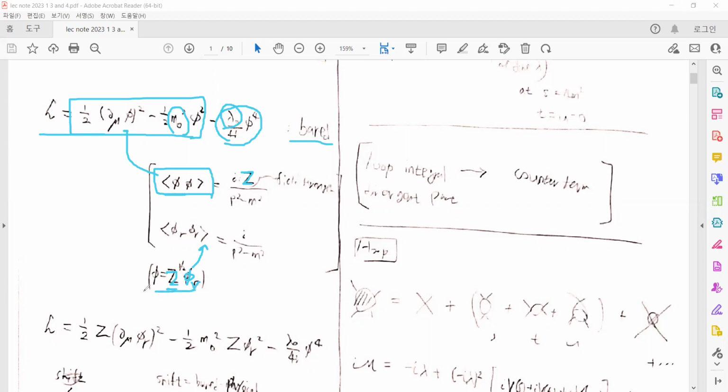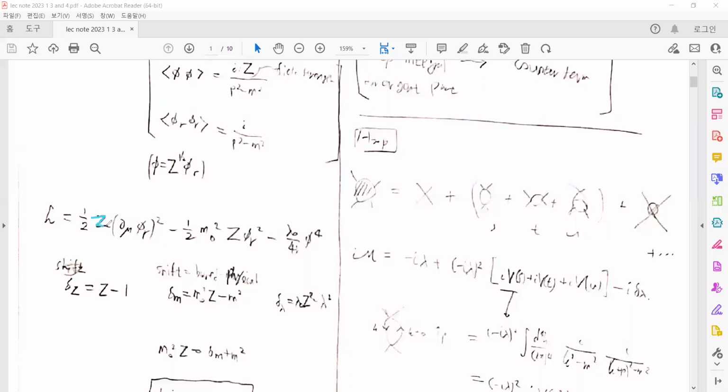By definition of the relation between the bare field and the renormalized field with the constant of the field strength, we can rewrite the Lagrangian with the renormalized field, and there will be some field strength Z that appears as a factor, because the fields will be renormalized.